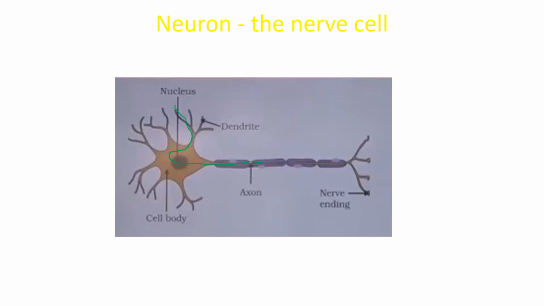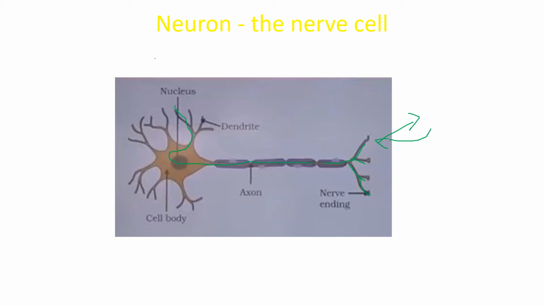This electrical impulse goes into the axon till the nerve ending, and from the nerve ending it goes to the spinal cord, and from the spinal cord the message goes to the brain, and from the brain again a message will come, and that message will come in another neuron.